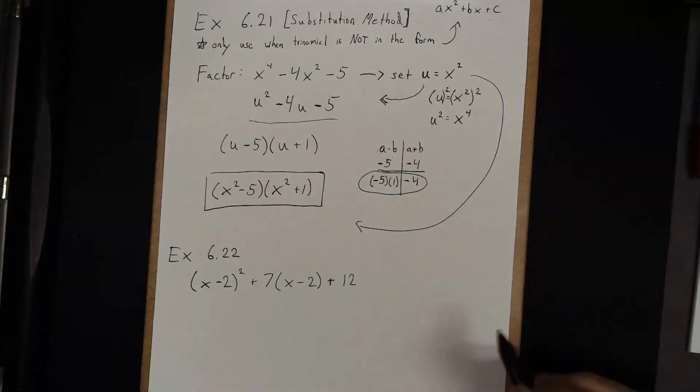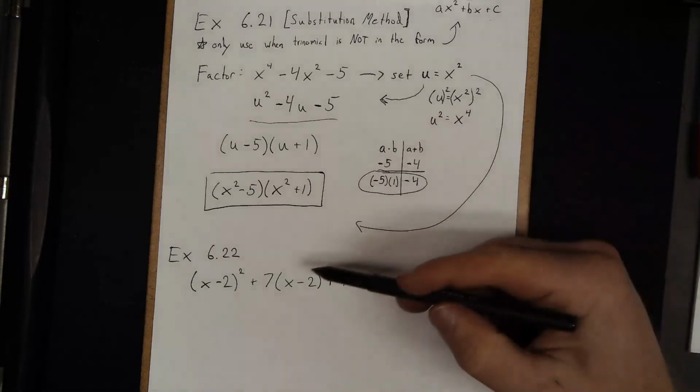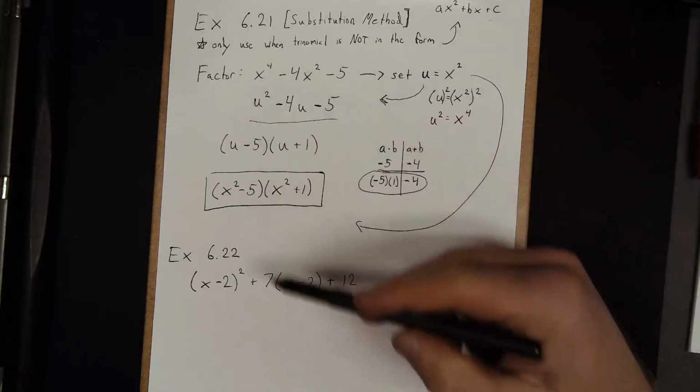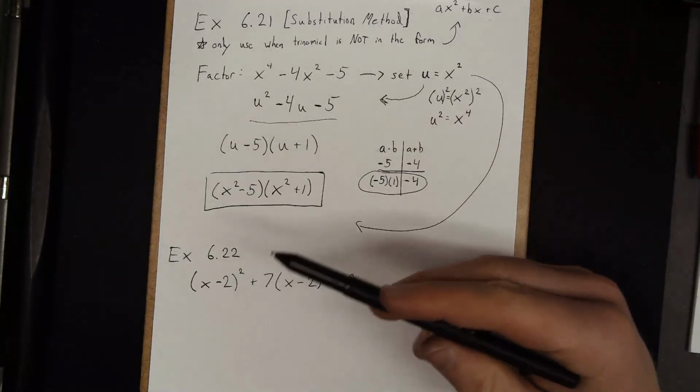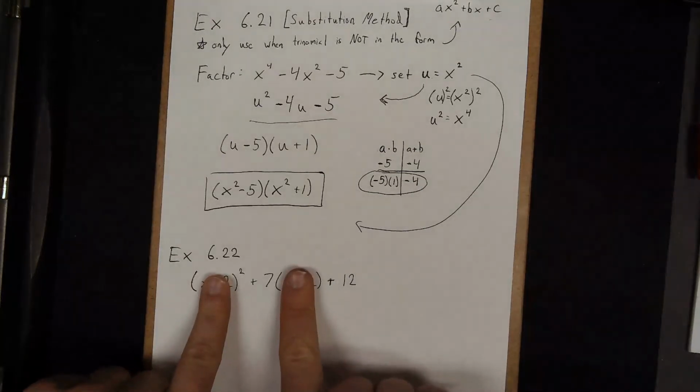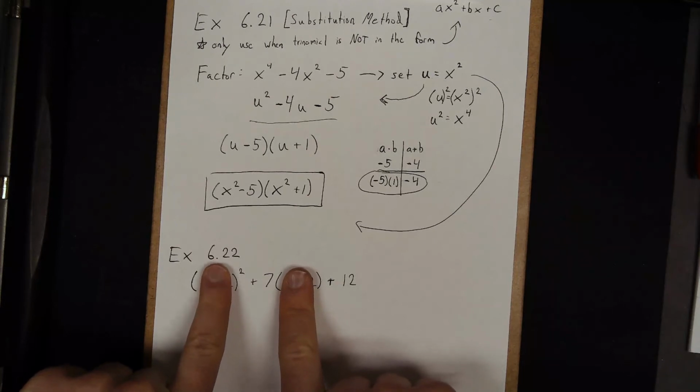Okay. So we're doing the same thing up here, except now we don't have an x to the fourth. Okay. But when I cover these up, if you use your imagination, wouldn't it be nice if I just plugged an x in right here and an x in right here, and then that'd be something we could solve?